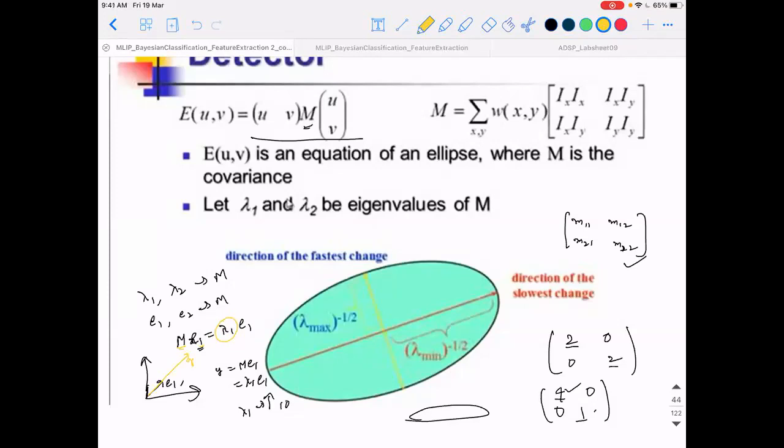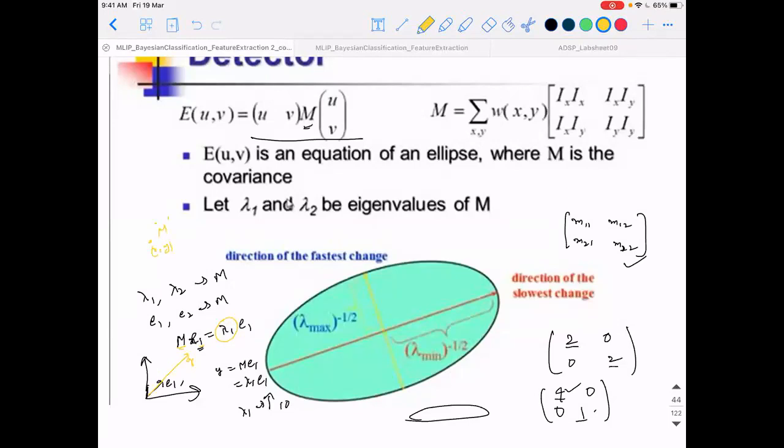Now what these lambdas essentially represent is this: assume that I am at some given x comma y, and at that x comma y I have a matrix M, and this matrix M has 2 eigenvalues.